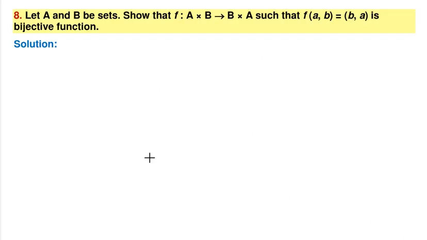Next question. Let A and B be two sets, and let f be a mapping on the Cartesian product.